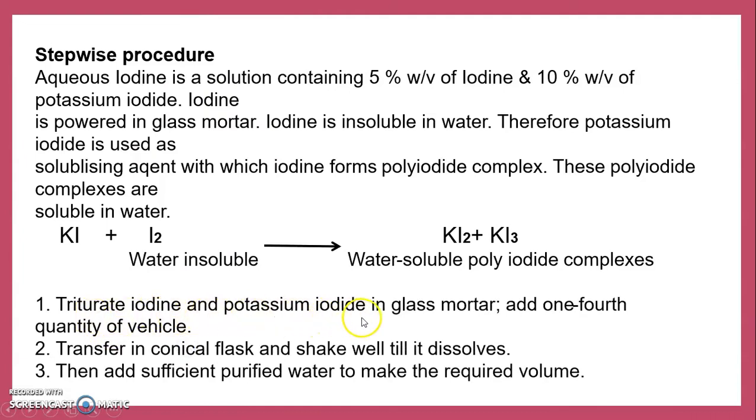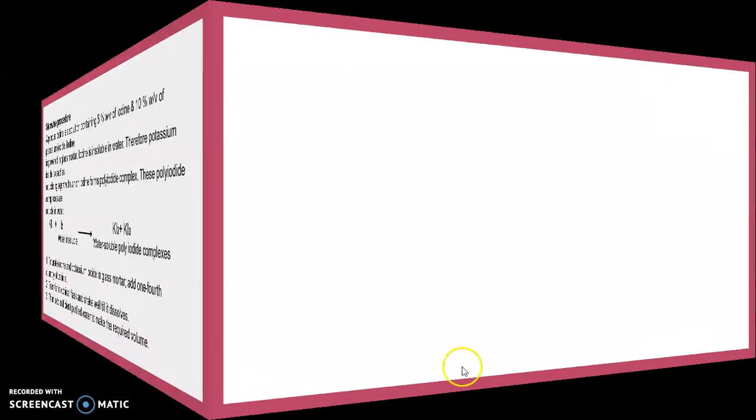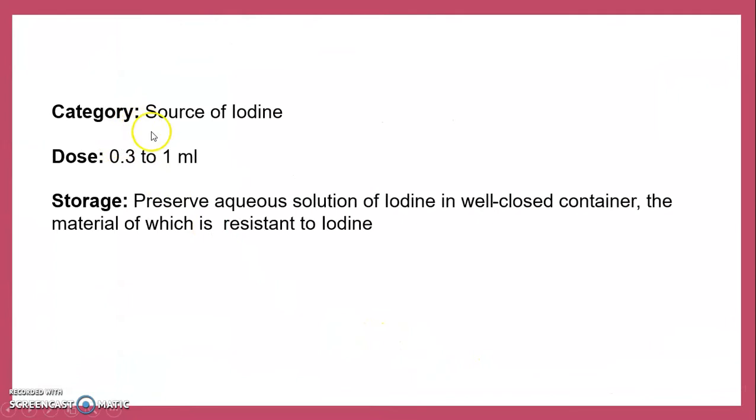Triturate the iodine and potassium iodide in the glass mortar. Add 1/4 quantity of vehicle. Transfer in a conical flask. Shake well till it dissolves. Then add sufficient purified water to make the required volume. The category of our today's preparation is a source of iodine.